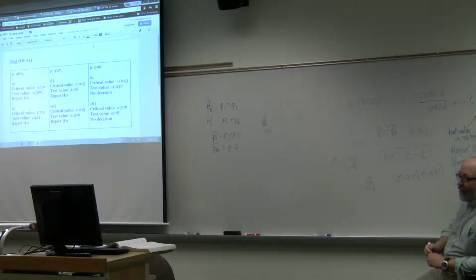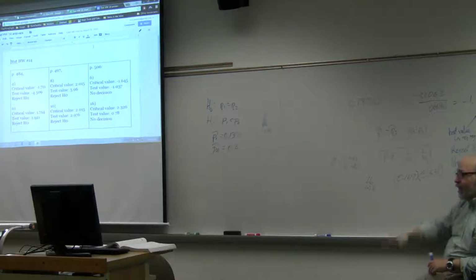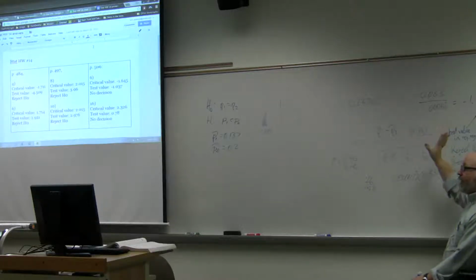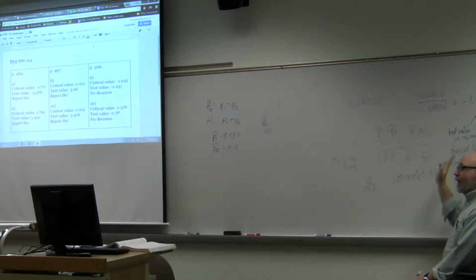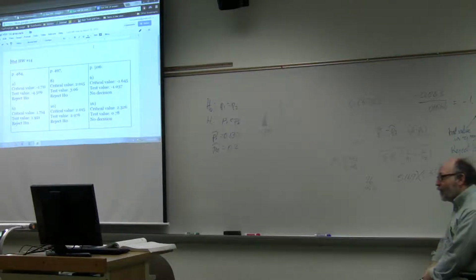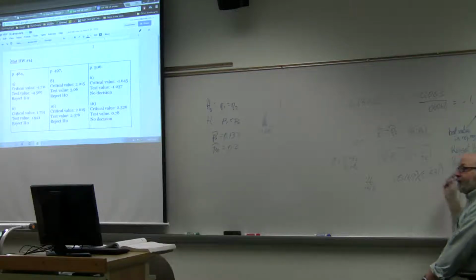It's really important that you get the difference between those two things. If you go through an entire problem, get all the numbers correct, and get down to the very end, and you say reject the null hypothesis, and then after you say reject the null hypothesis, you then say no decision, your entire problem is wrong. Because this is the conclusion that you're supposed to draw.